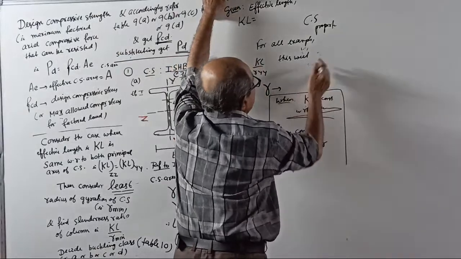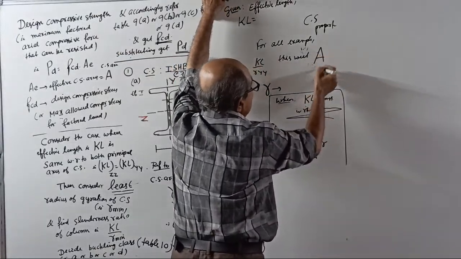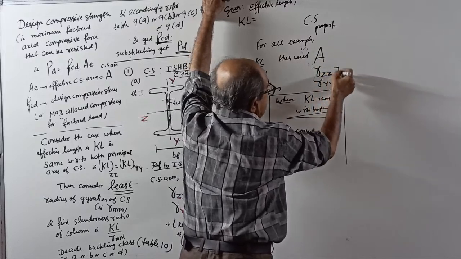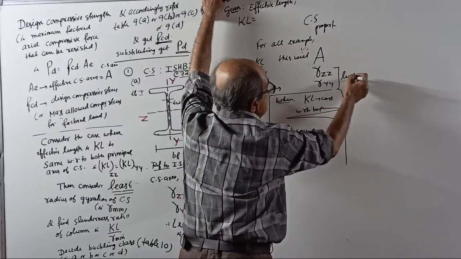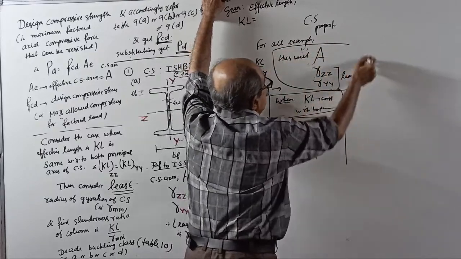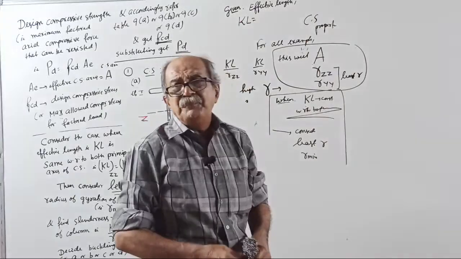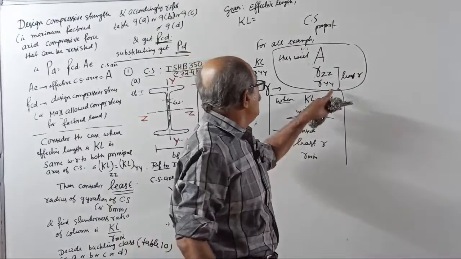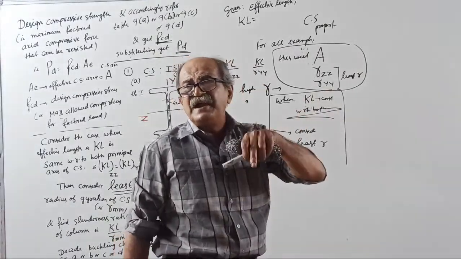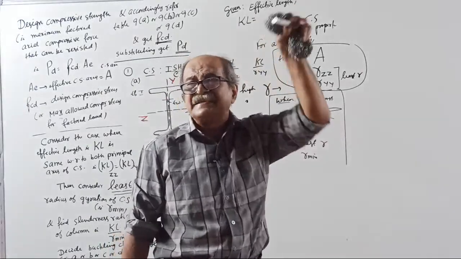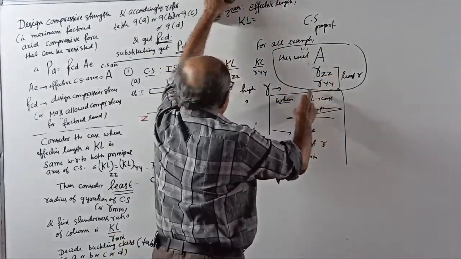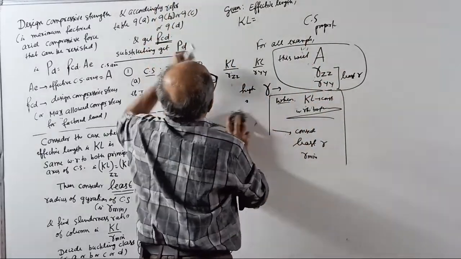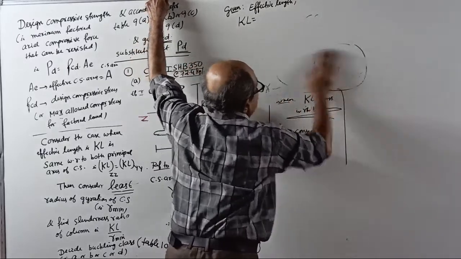Most important are the area, R about ZZ, R about YY, and then decide the least R. What you call ZZ is XX in the IS handbook, but we call it ZZ. Based on the least R, proceed further. Okay, start.